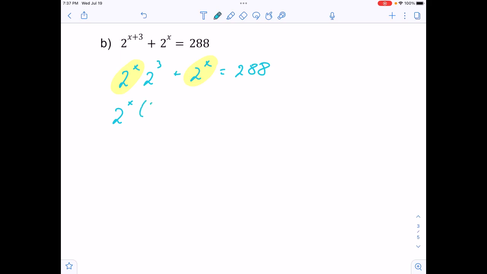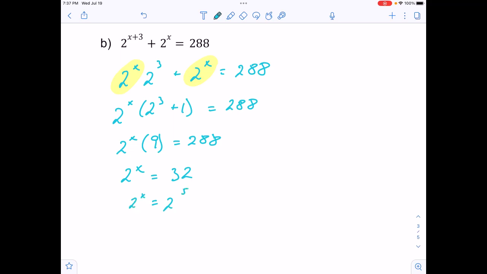And I'm left with 2 to the power of 3 plus 1. 2 to the power of 3 is 8. 8 plus 1 is 9. And 288 divided by 9 is 32. Aha, 32 is 2 to the power of 5. And so we can say then the x must be equal to 5.